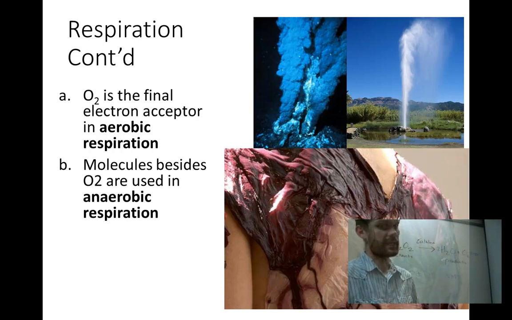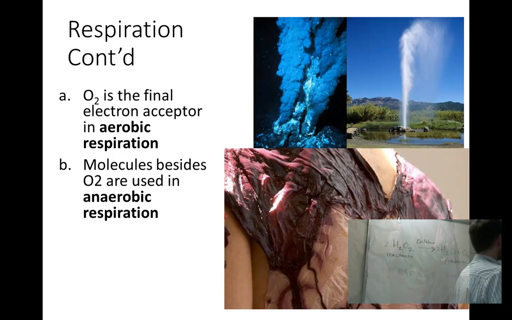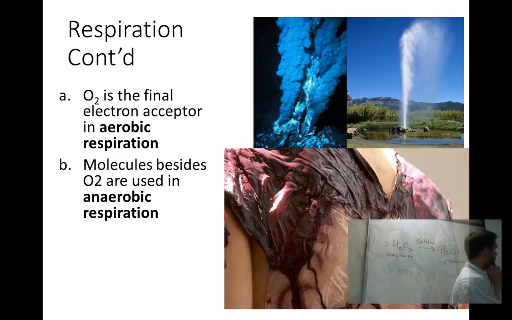In anaerobic respiration, oxygen is not the final acceptor. They use other molecules. So this happens in bacteria that live in hydrothermal vents or in geysers, or also happens in things that ferment.